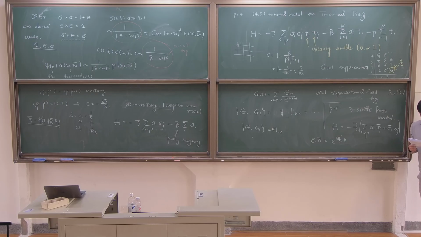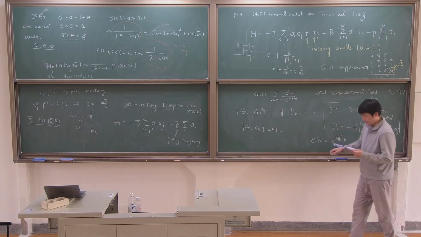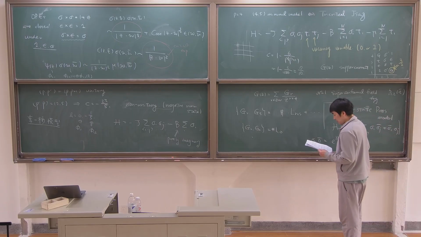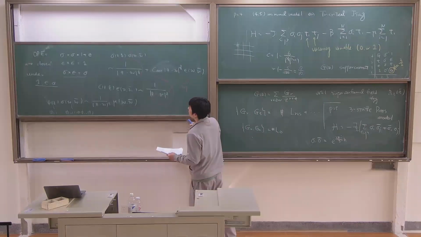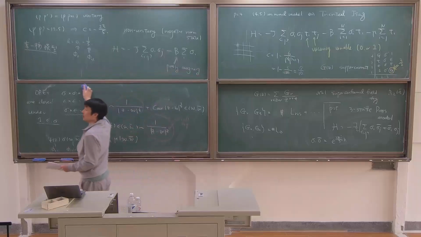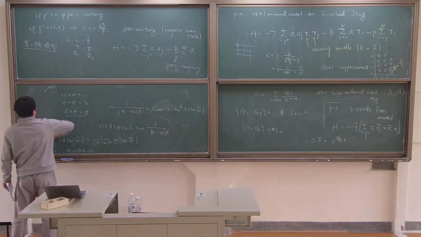P equal to 5 case. And this has Z3 symmetry and so on. And the important thing is, maybe I should write it down, it's quite magical.